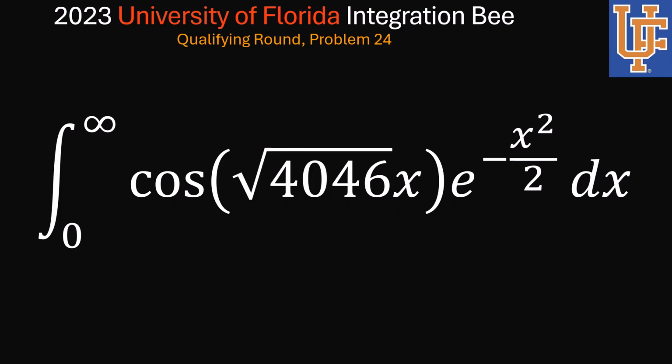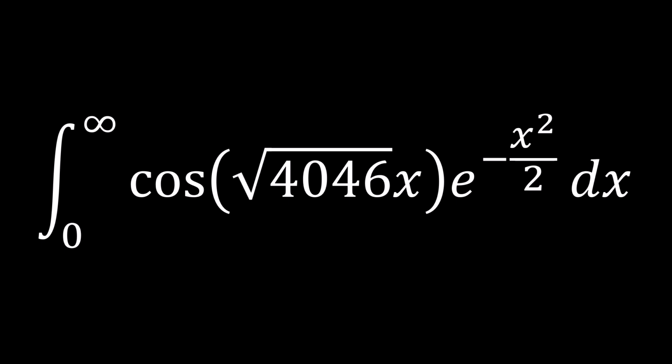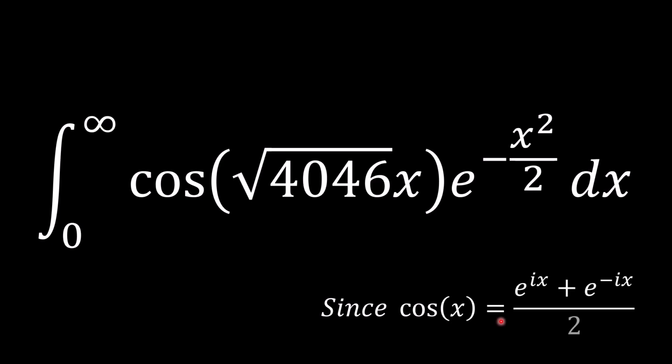So let's move ahead and see how we may be able to solve this problem. This problem here is interesting, and we'd like to focus on the cosine of the square root of 4046 x. Let's use Euler's formula, where cosine of x can be expressed as e to the power ix plus e to the power negative ix over 2, where i is the imaginary unit, or the square root of negative 1.